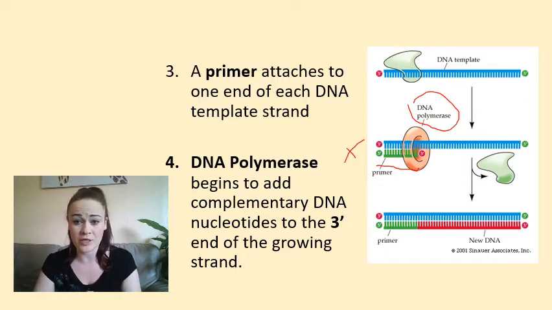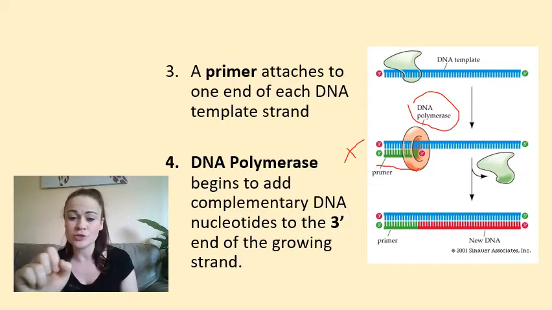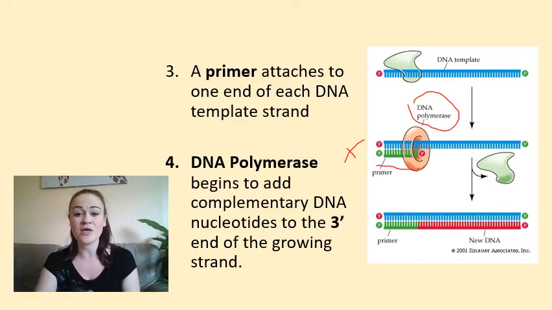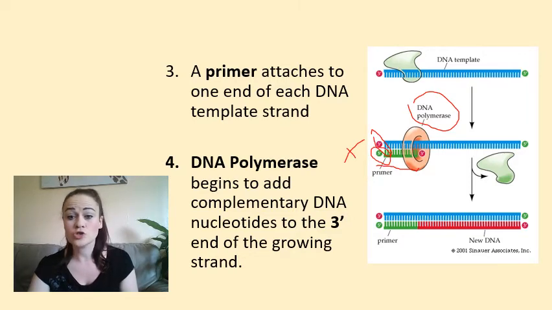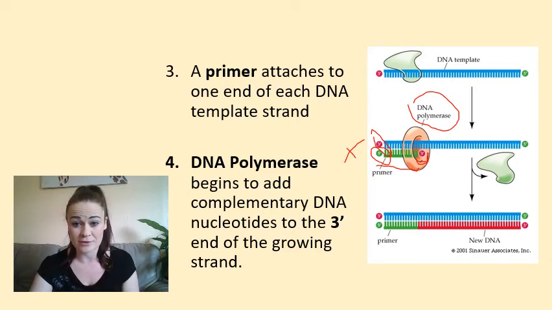What is important is DNA polymerase can only add nucleotides to the 3' end of the strand. So if we look here, we've got a 3' end there, but our new strand, we've got the 5' end. So DNA polymerase is adding the nucleotides onto the 3' end of the new, growing strand.